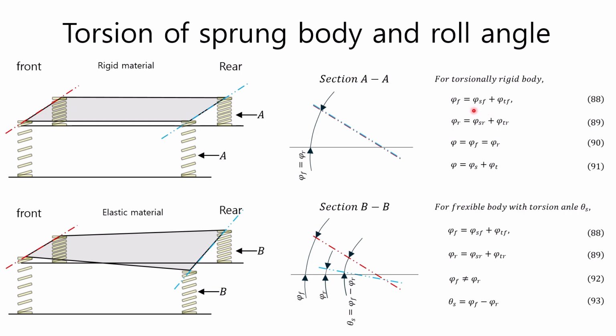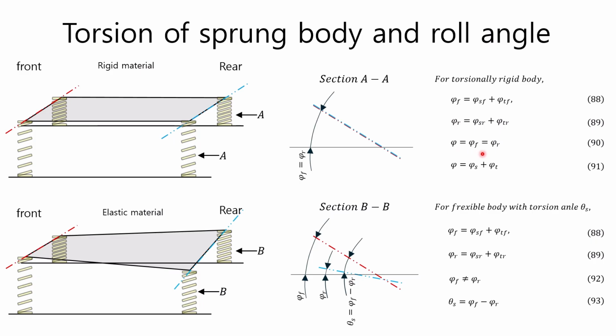In the same way, the roll angle of the sprung object on the rear axle can be expressed by equation 89. If there is no twist in the sprung mass, the roll angle of the sprung mass should be the same at the rear axle as at the front axle, which can be expressed as in equation 90.